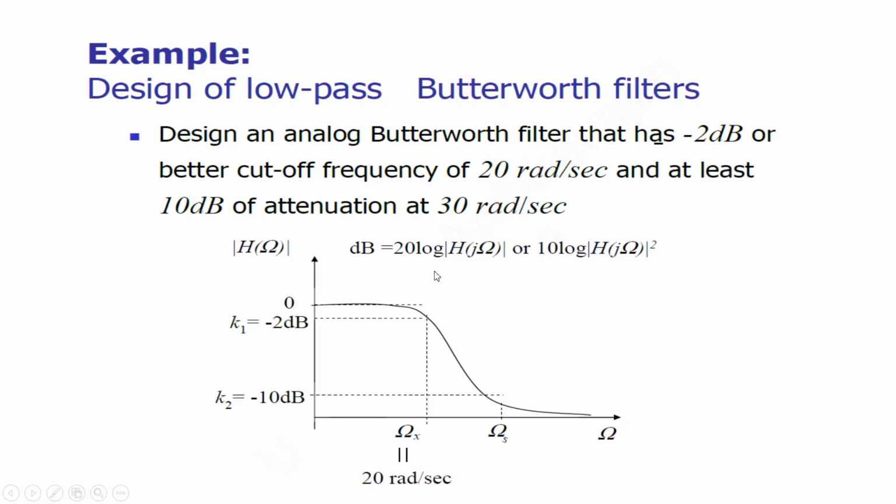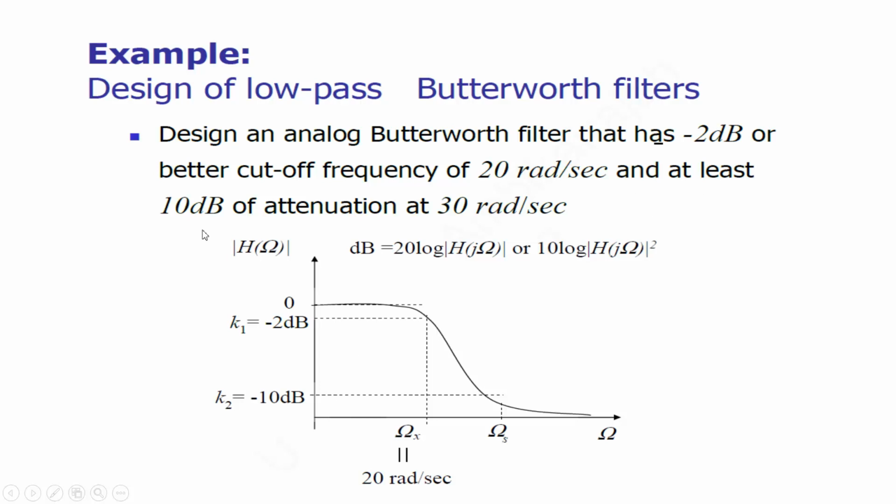So this -2 dB attenuation at this point, from where the curve starts, it is 0 dB, right? And you move down to -2 dB, it says the frequency corresponds to 20 radian per second. It's not the -3 dB frequency. That means it is not the cutoff frequency. It is omega x. That's why I have written here omega x. I have not written omega c, which is actually the -3 dB frequency.